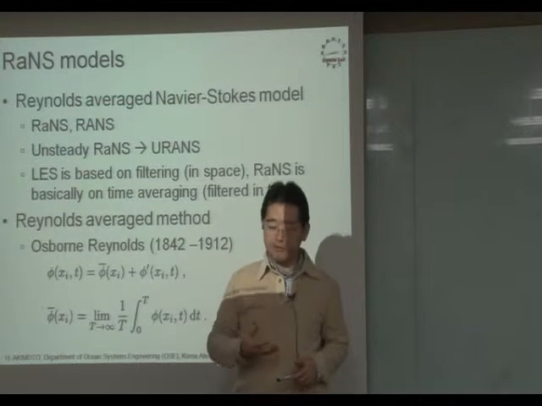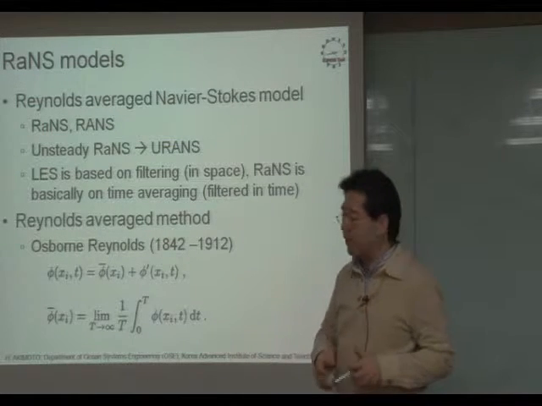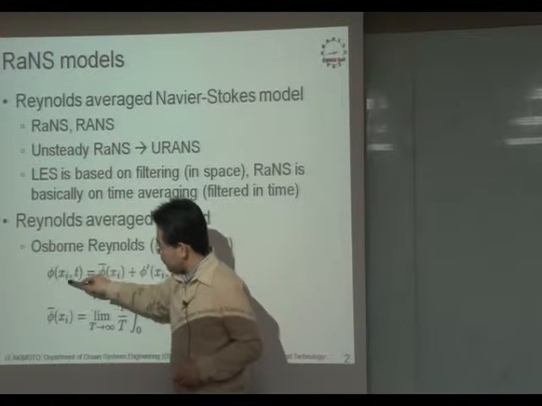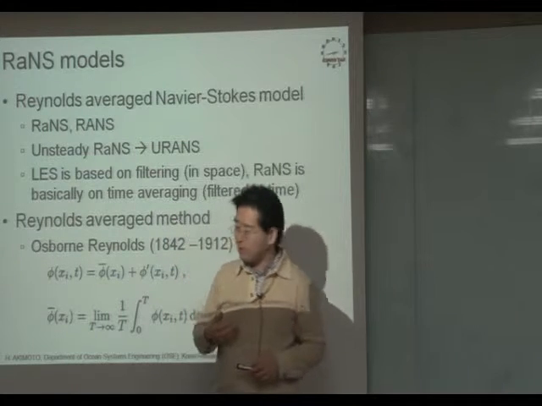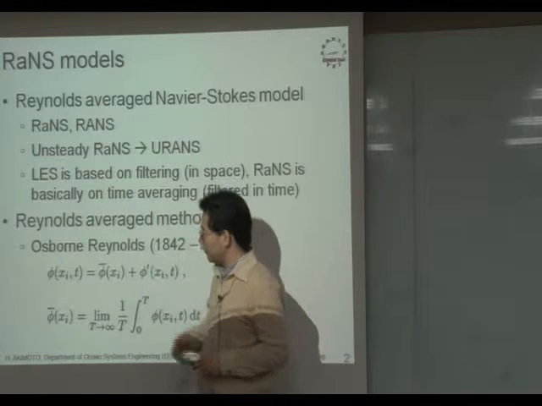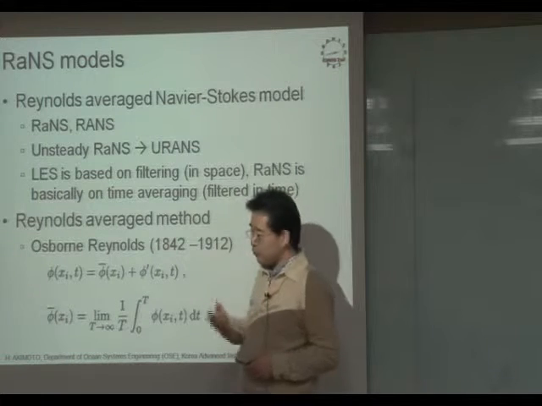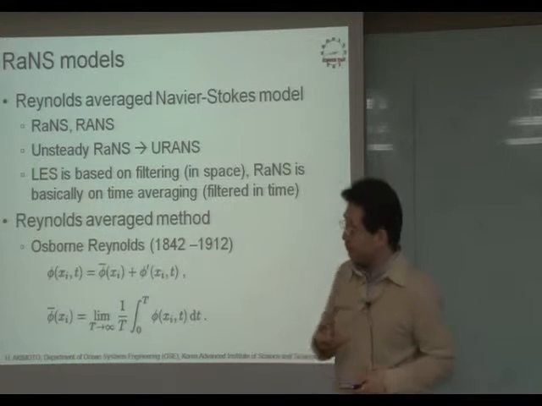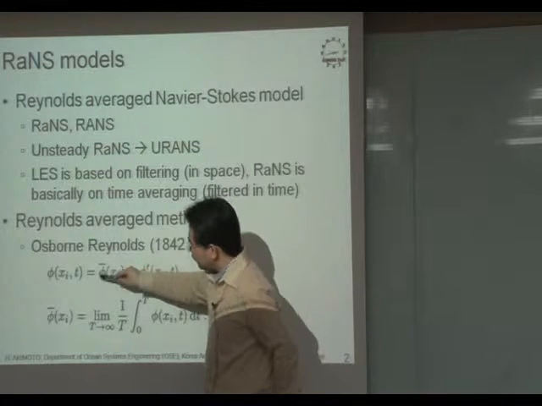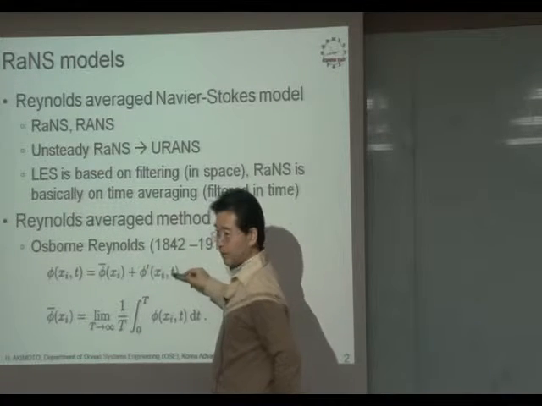His concept is to decompose the flow field into a steady part and a fluctuating part. This is the original flow field. If it is turbulent, it contains a base one and a fluctuating one. If you take time averaging, it can be decomposed into a time averaged part and another fluctuating part.